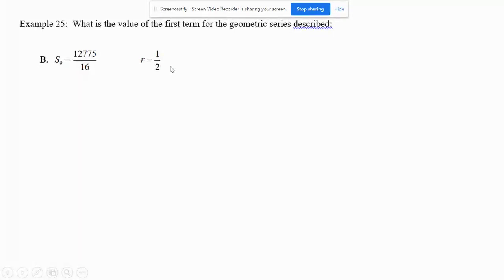All right, similar idea over here, guys. Just numbers are a little bit more complicated. So we have S9. We know that N equals 9. We know that R equals 1/2. We're looking for T1. Don't know it.